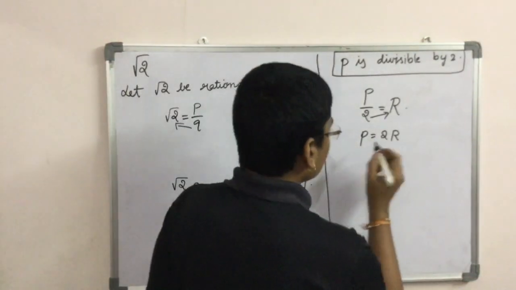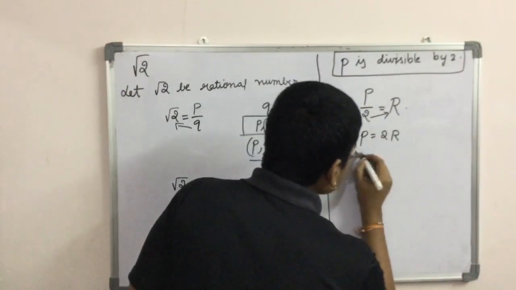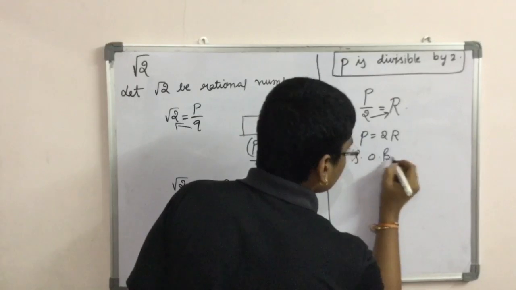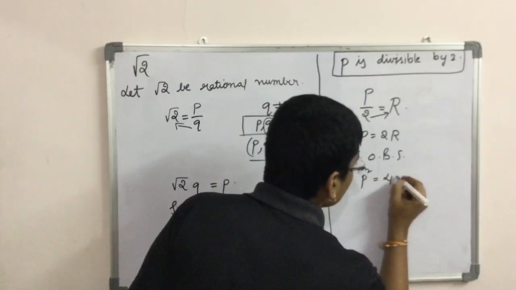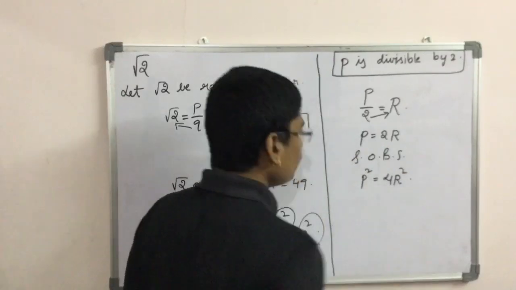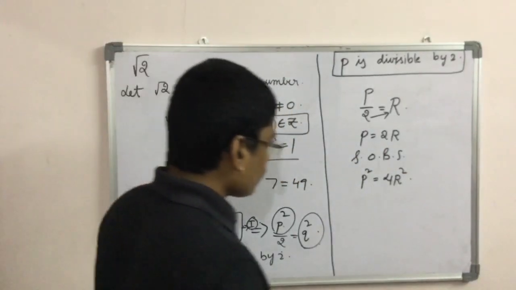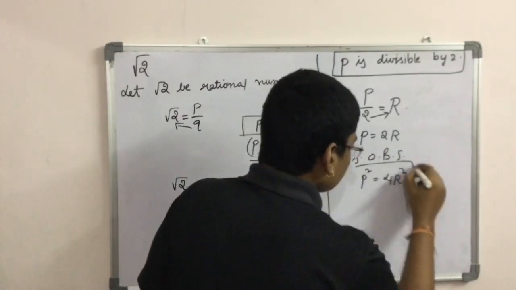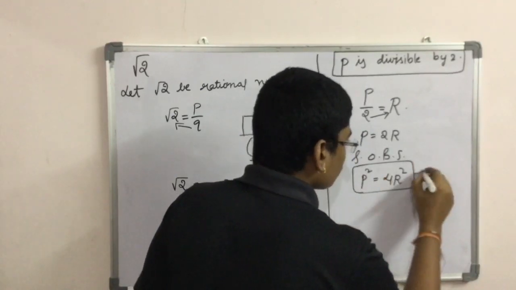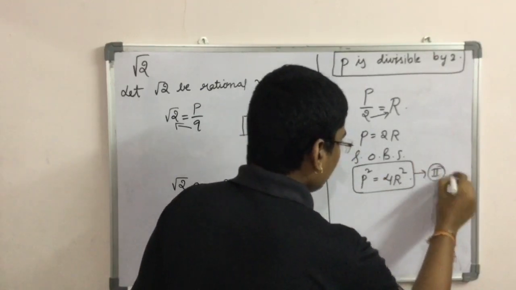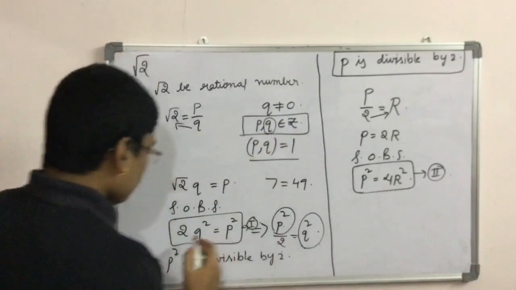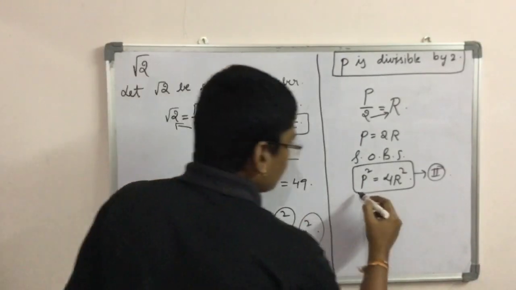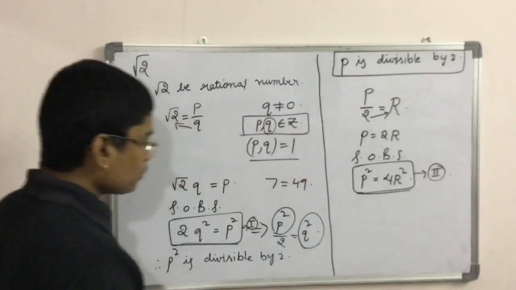And we'll solve here. Now again we'll square both sides. It will become p square is equal to 4r square, right? Now we'll consider it as our equation number 2. And now see, in equation number 1 and equation number 2, what is common?